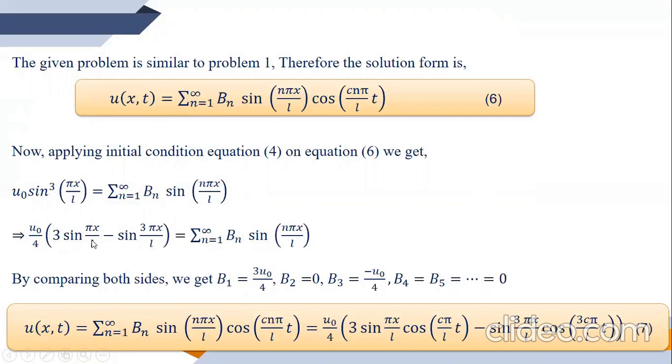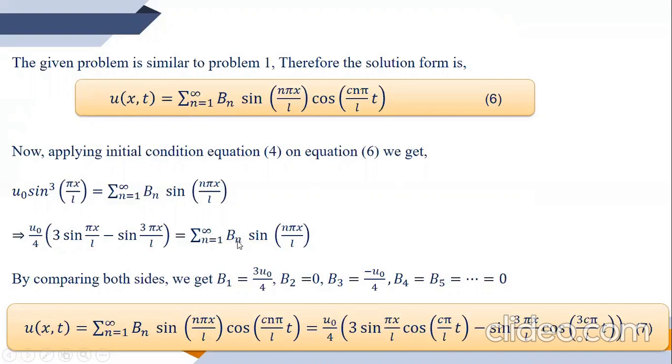So in the left hand side and the right hand side, both forms are based on sine. So we compare both, then we get b1 is equal to 3u0 by 4, b2 is 0, b3 is minus u0 by 4, and all other terms b4, b5 and so on are 0.